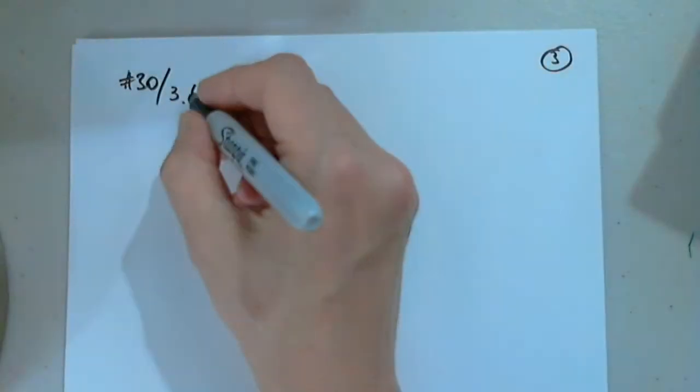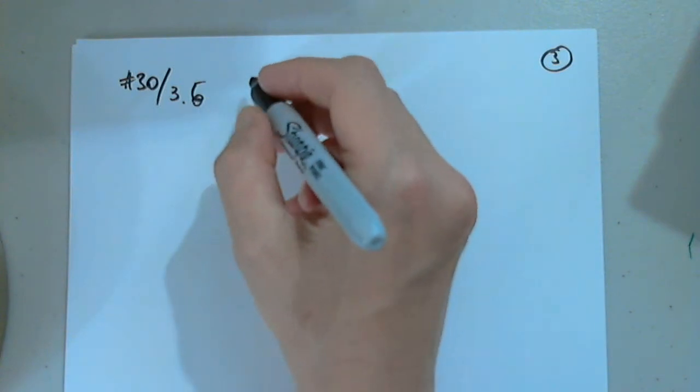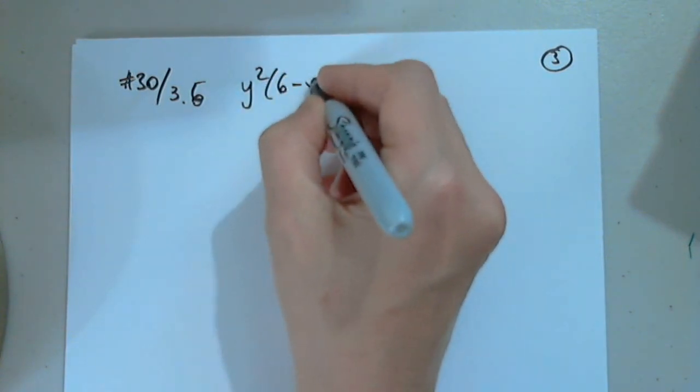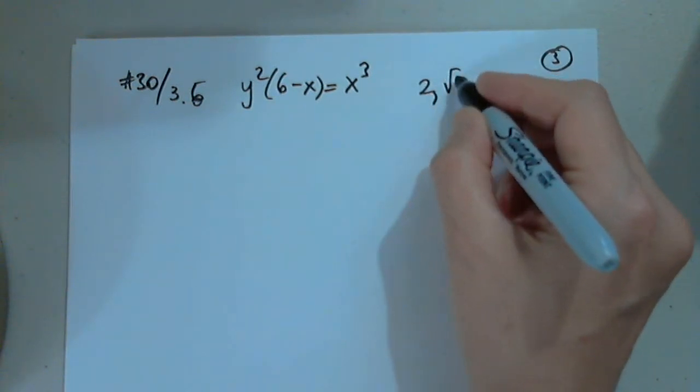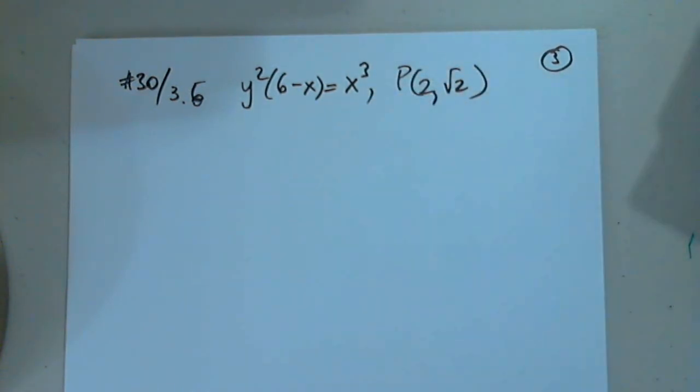So in 3.5? Yeah. Sorry about that. So 30 in 3.5. This one. Okay. Is this the one? Yeah. Very good. Perfect.